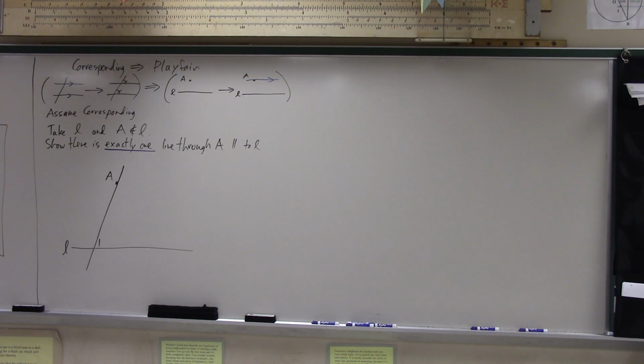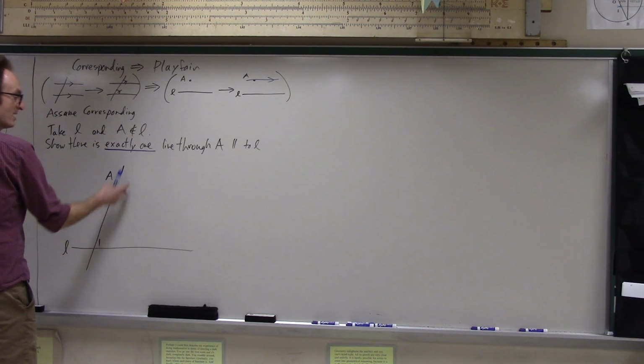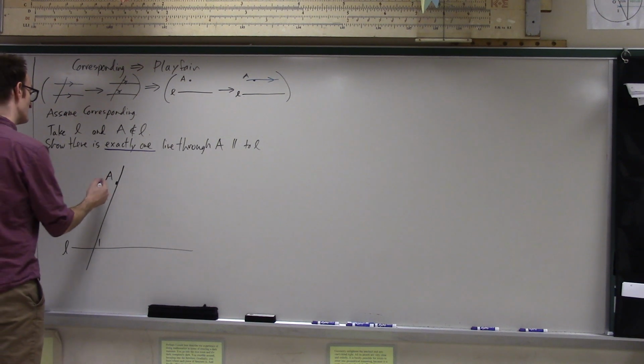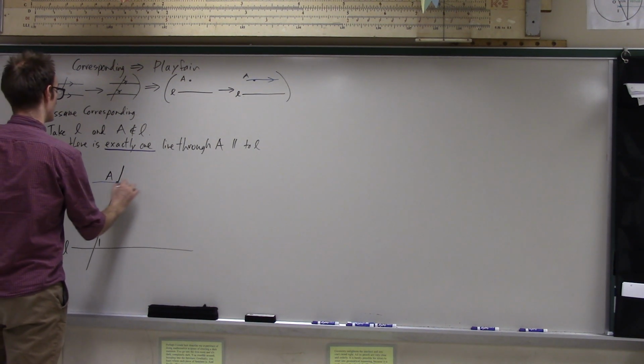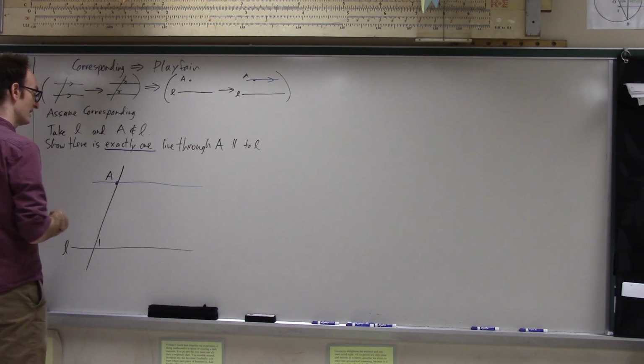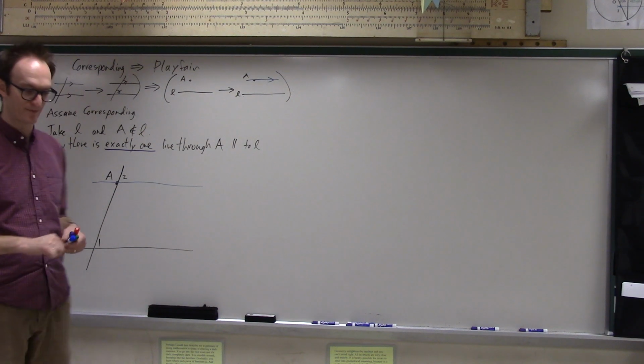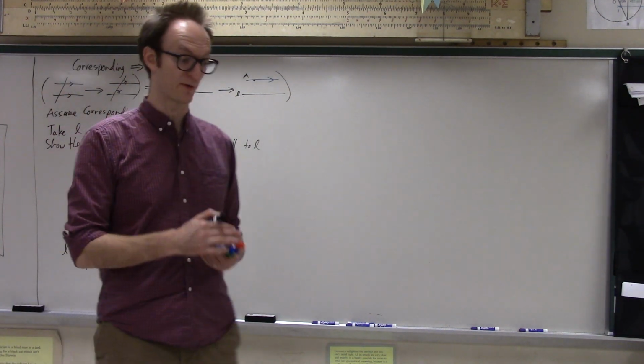And now we can make the line through A parallel to L. How do we do it? We just copy this angle. So this angle 1 is something, and then we just copy it up here. There's a copy-the-angle construction, and I'm not going to go into that right now, but that construction is not dependent on the parallel postulate. It's part of neutral geometry.